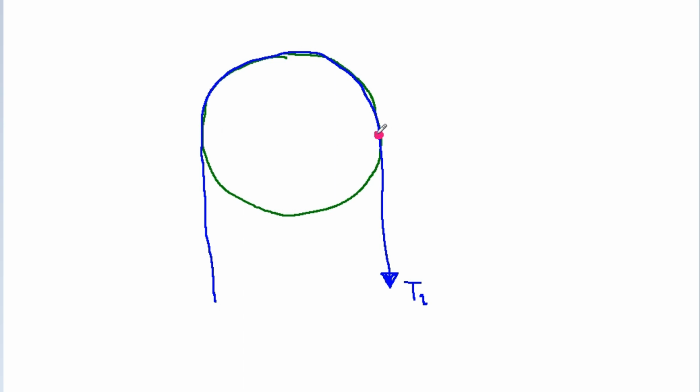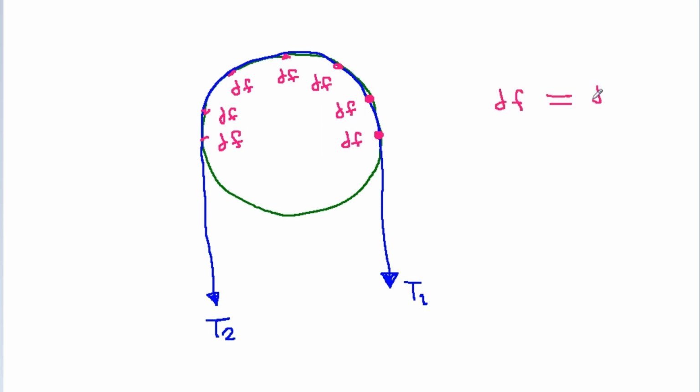Suppose the friction is dF at every point of contact, so the tension at the other end will be some T2. Due to friction, the tension is changing, so we can say that dF is equal to dT.